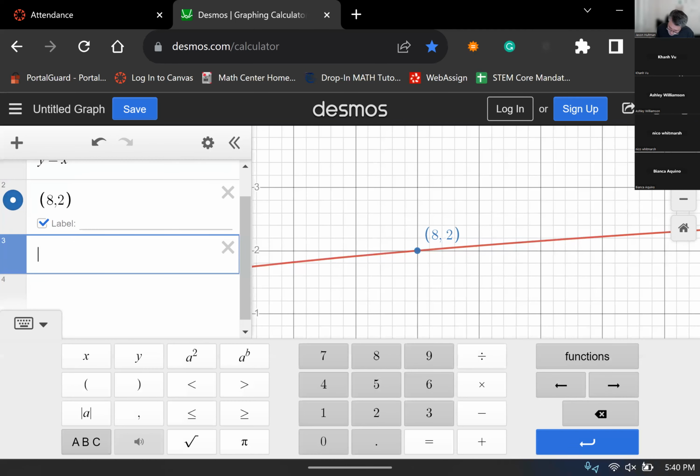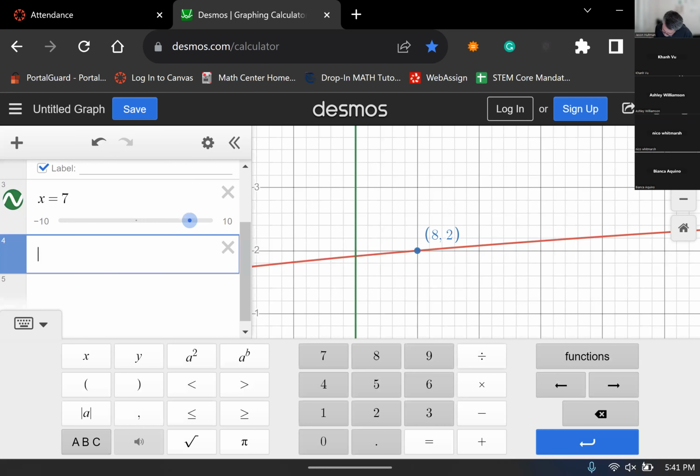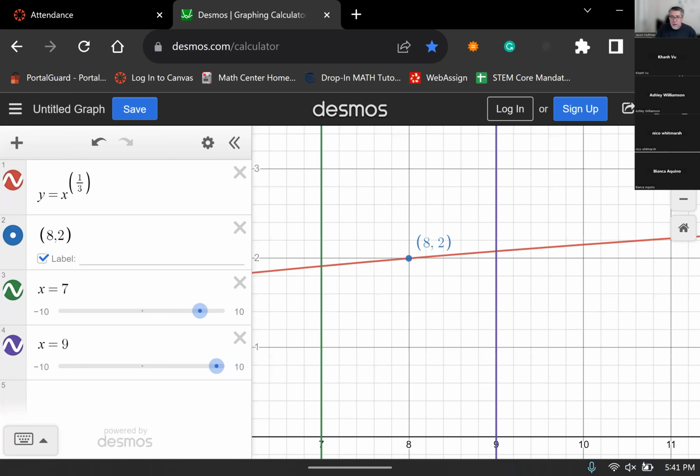And that's between 7 and, okay, 7 and 9. So I'm going to put that in there. I'm going to put in x equals 7. Okay, give me these boundaries. X equals 7 and x equals 9. Okay, so in between these boundaries, I want to know how good of an approximation the Taylor polynomial was. Okay, sounds good.